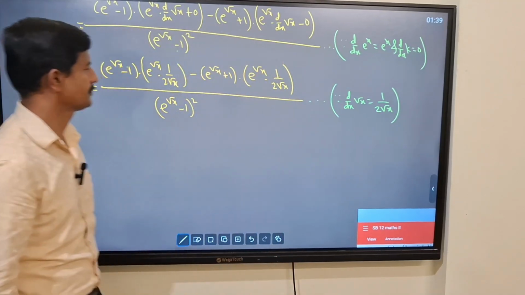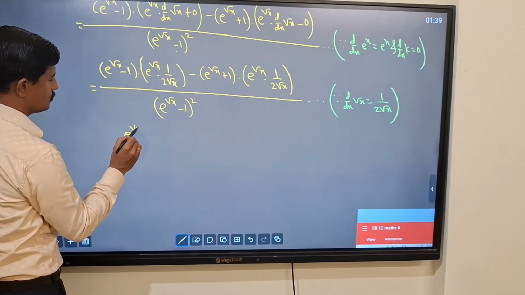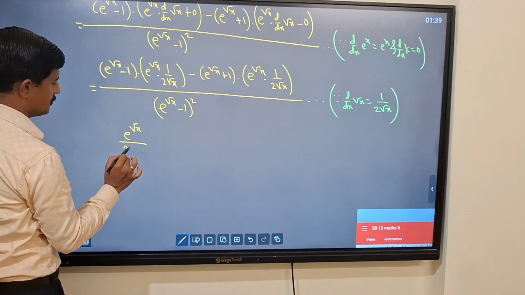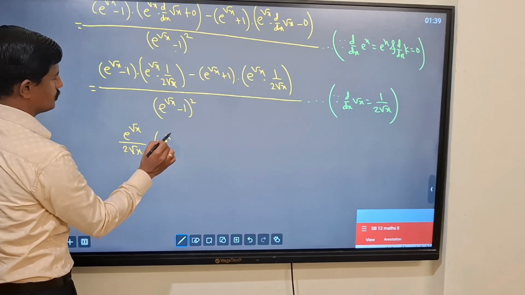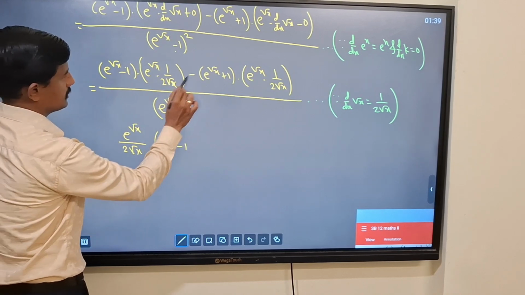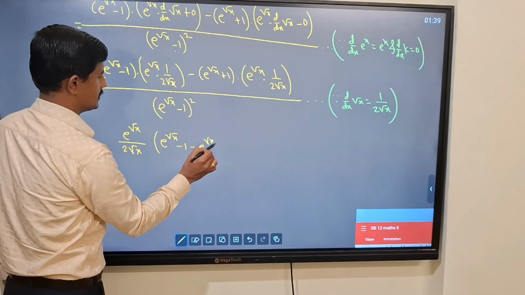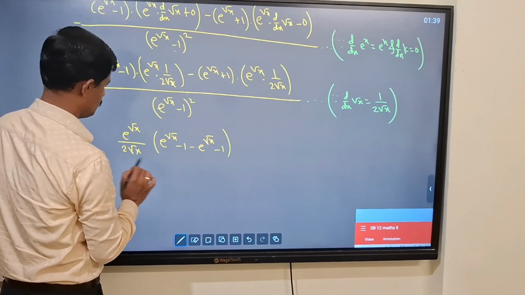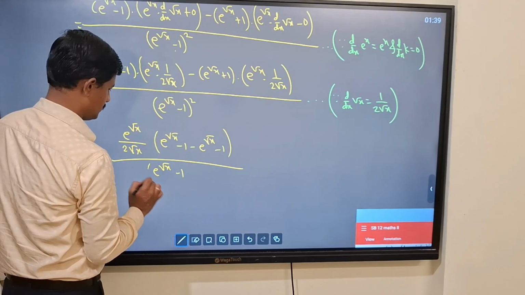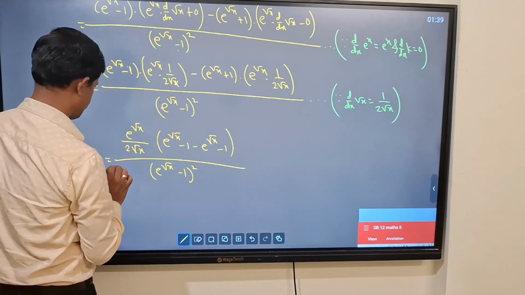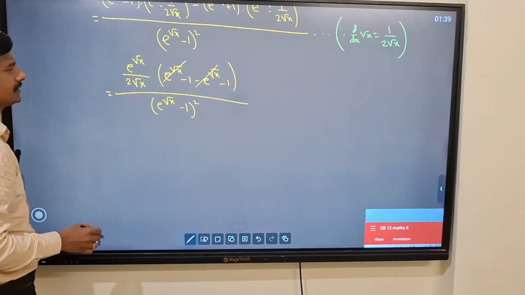Now take this term common, e raised to root x upon 2 root x. Remains e raised to root x minus 1, due to this minus, this becomes minus e raised to root x minus 1, upon e raised to root x minus 1 whole square. This plus and minus cancels.